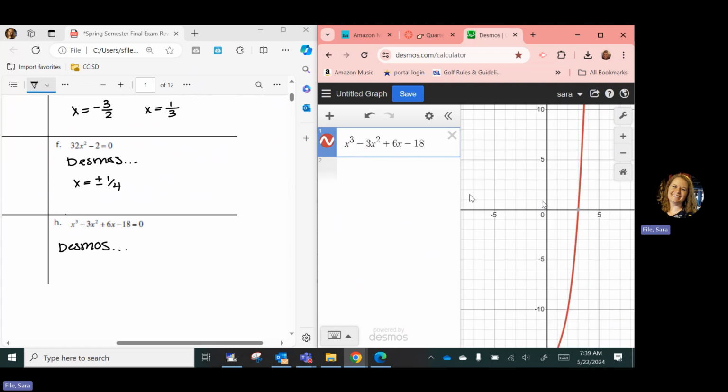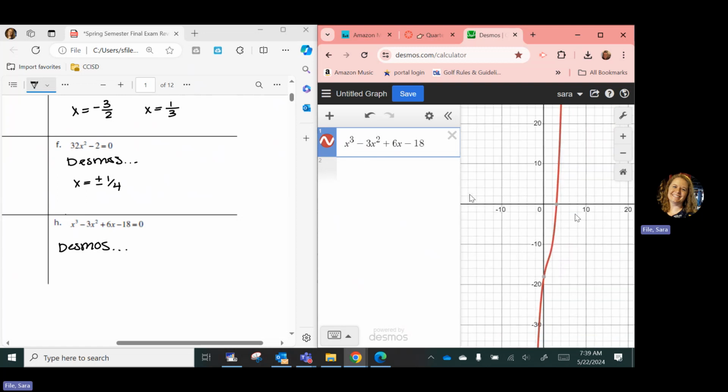I'm going to have to zoom out to see this graph. And you can see this is a cubic. It does not come back up and cross again. It doesn't change direction. So that is just one solution. It's just 3.